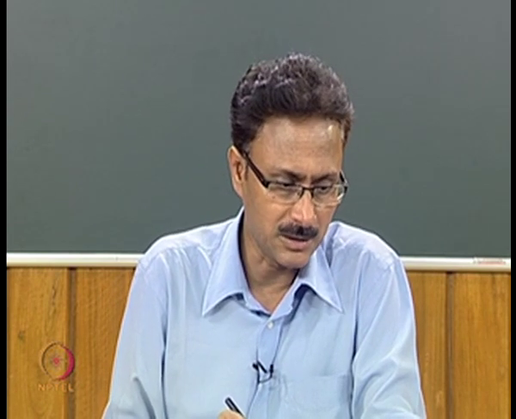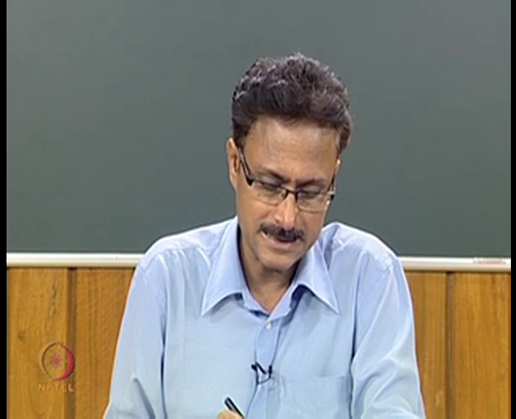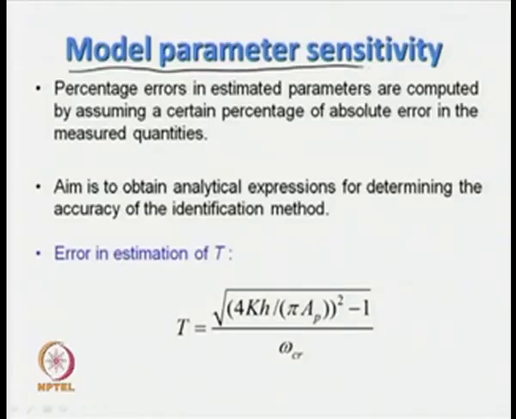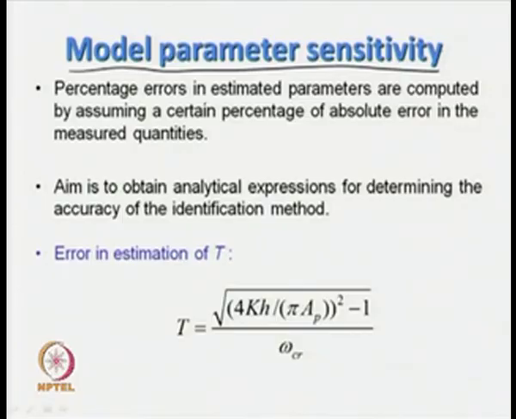Now, we shall go to discuss the model parameter sensitivities. So, what do we mean by model parameter sensitivity? The dependency of the process model parameters on the measured quantities or measurements, or on the other parameters of the transfer function model, is known as the model parameter sensitivity.